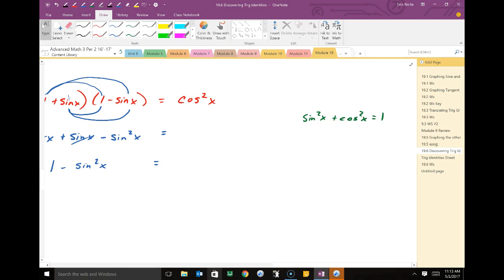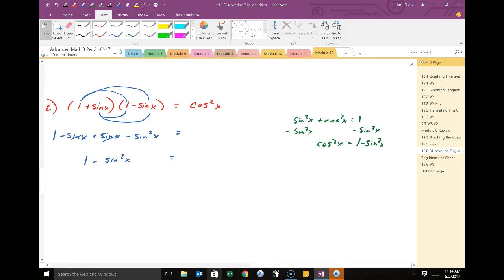If I manipulate this identity just a little bit, solve for the cosine squared, and subtract the sine squared over to the other side, I would have cosine squared equals 1 minus sine squared. Interesting, right?